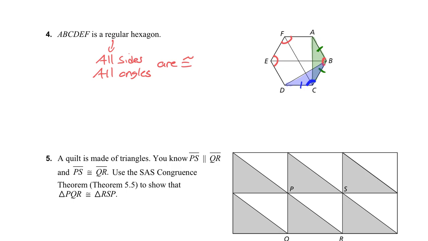And they're the only triangles that we know for sure. So we can say triangle ABC is congruent to triangle DCB. It's just from side angle side. We don't have to do anything else on that one.